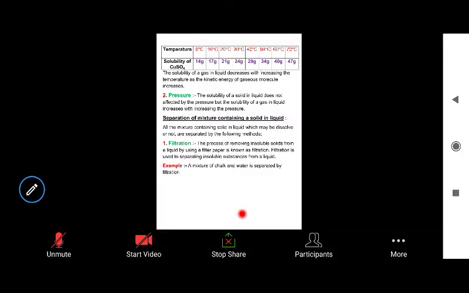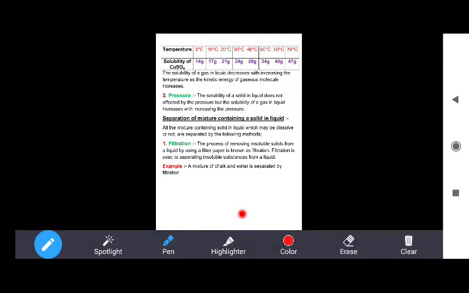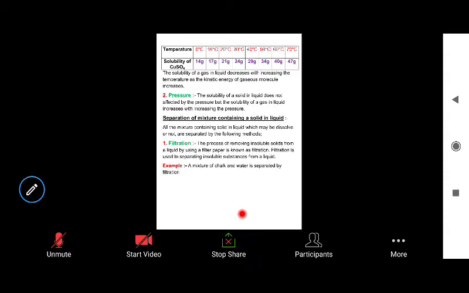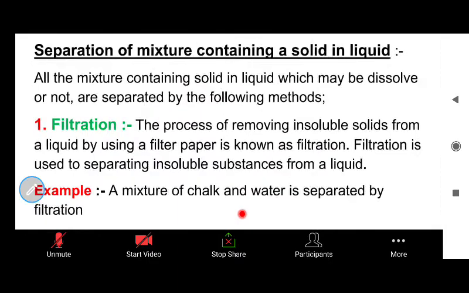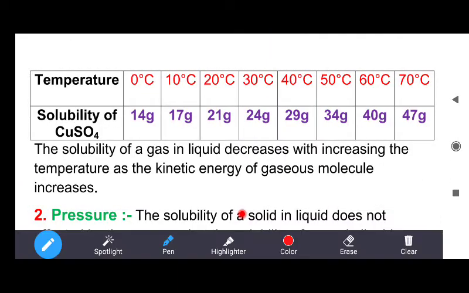Solubility of copper sulfate. You can check at 0 degree Celsius, the solubility of copper sulfate is 14 gram, means in 100 gram water, the maximum amount of copper sulfate which can be dissolved at 0 degree Celsius is 14 gram.